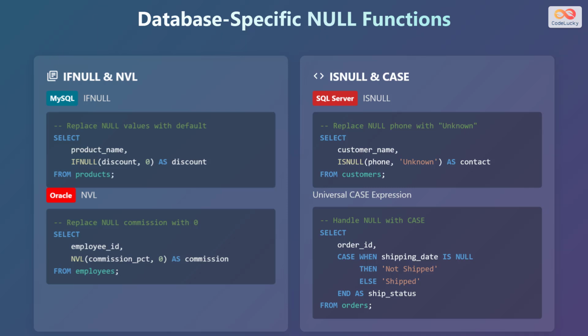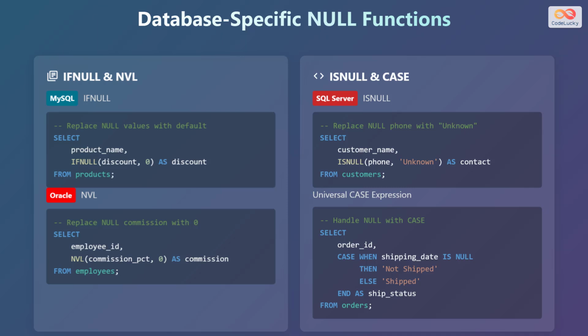NVL is used in Oracle to replace null commission with 0. Here is an example. Select employee_ID, NVL commission_percentage, 0 as commission from employees. Next is ISNULL. ISNULL is used in SQL Server to replace null phone with unknown. Here is an example. Select customer_name, ISNULL phone, unknown as contact from customers.